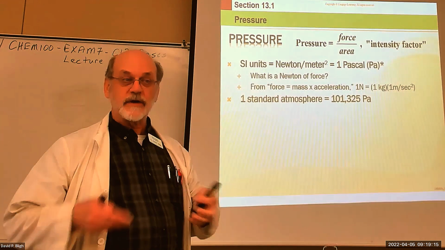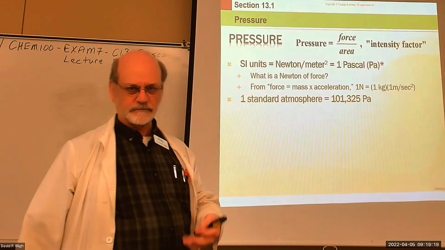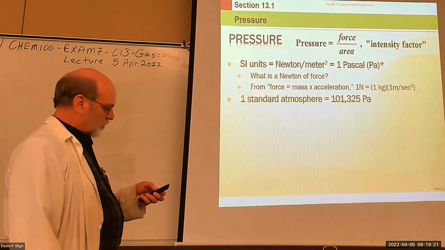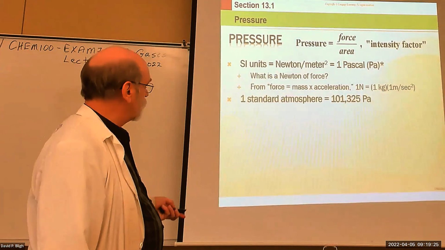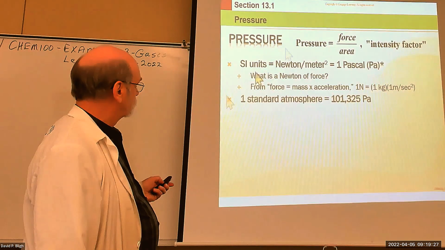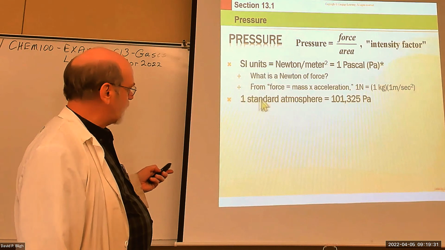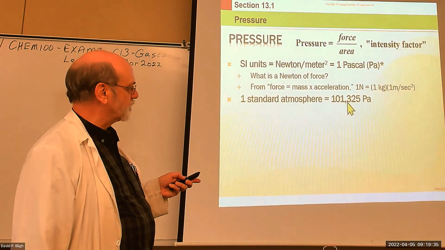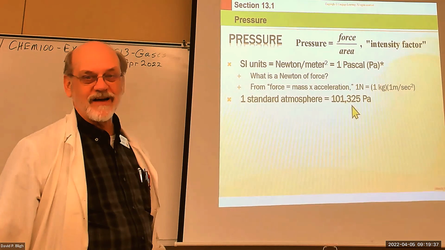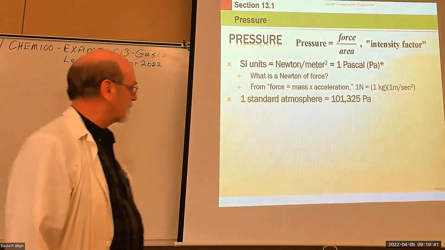It's just 1 atmosphere is a pressure unit, kind of like temperature. But we can relate the unit of atmosphere to pascals. We know that 1 standard atmosphere is equal to 101,325 pascals.